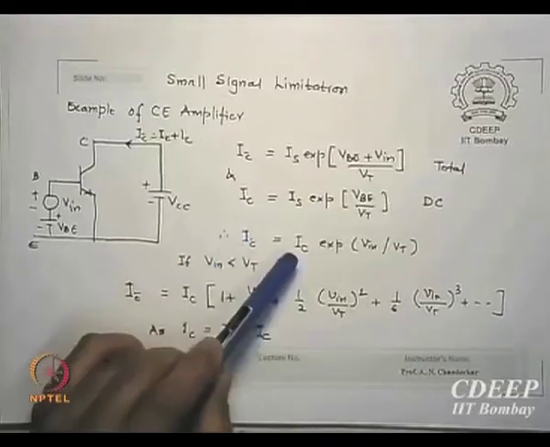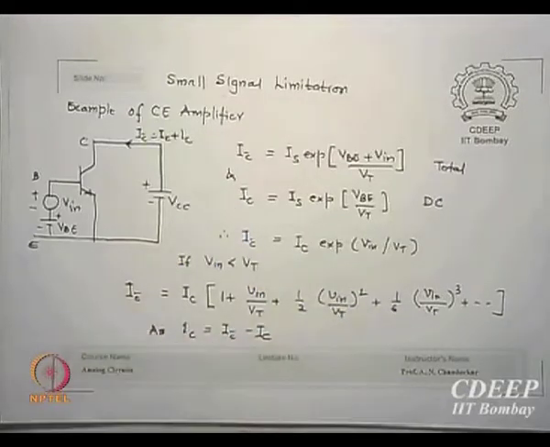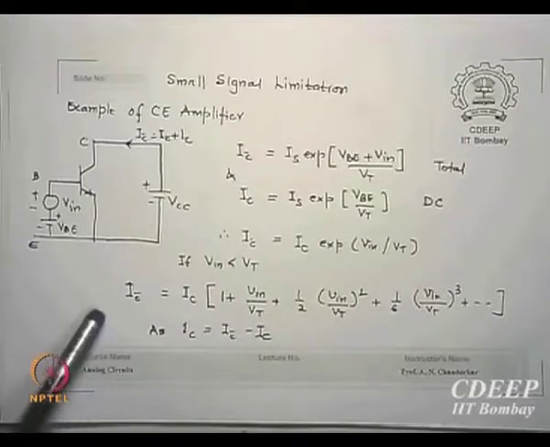Okay. So I get IC exponential Vin by VT, and here is the other condition I mentioned, why small signals are required. This is the exponential term Vin by VT. Let us say Vin is smaller than VT. Input signal is smaller than 26 millivolts, is that correct? Vin by VT is less than 1. I expand this exponential function.